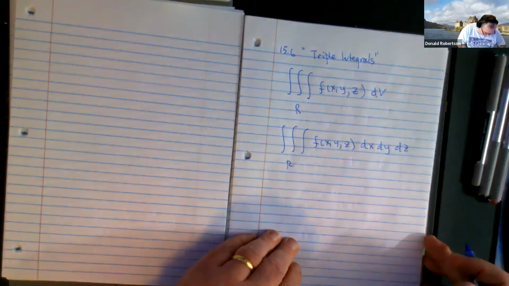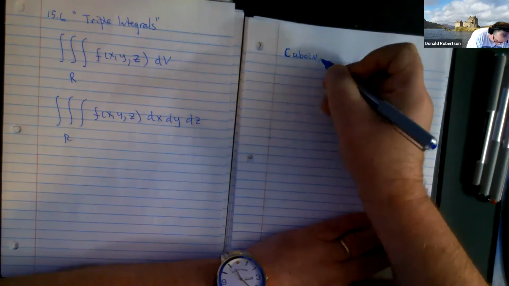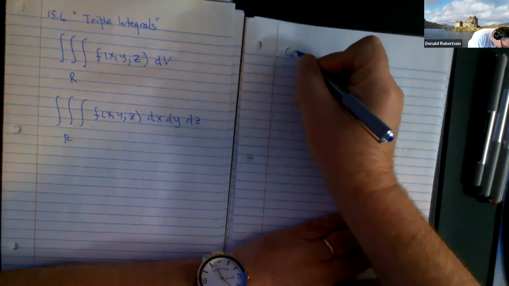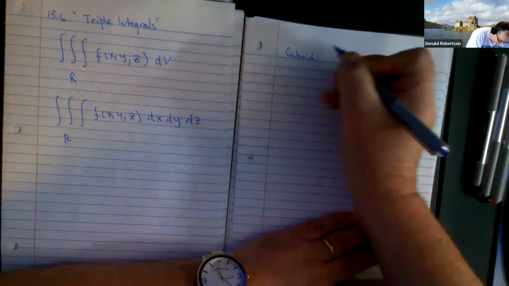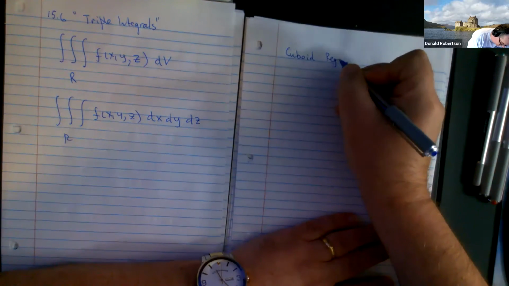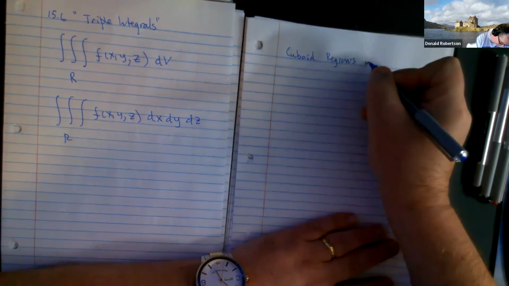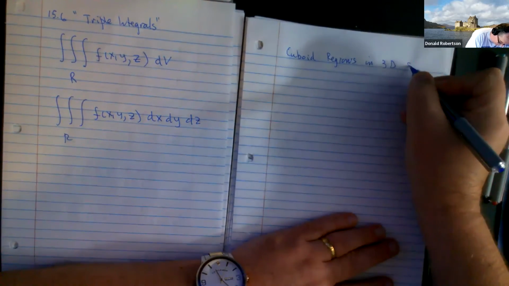So let's start with the simplest regions. What am I trying to think of names for them? Cuboid, I can't spell it there. There we go. Cuboid regions in 3D space.